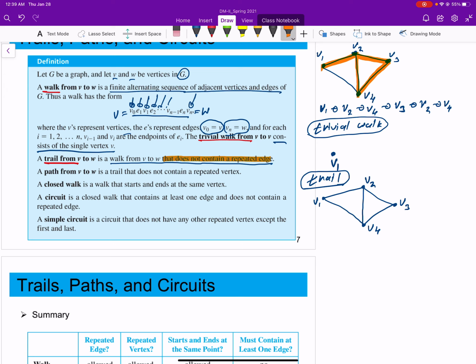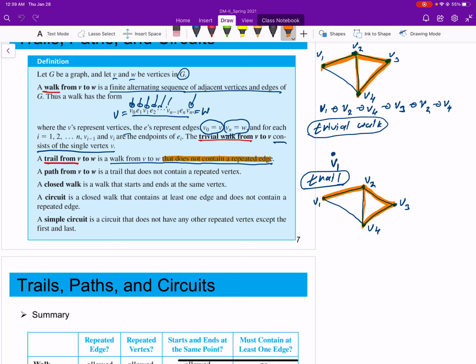You're starting from here, maybe, and going that way, and going this way, and going that way, and you could go this way. That's it. You won't be able to cross the same edge.